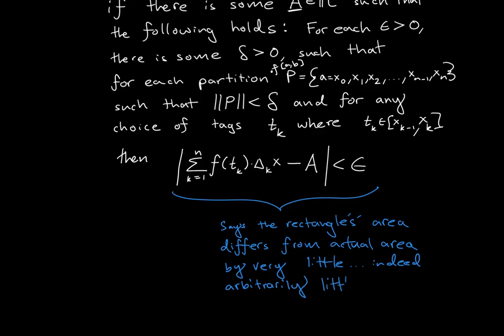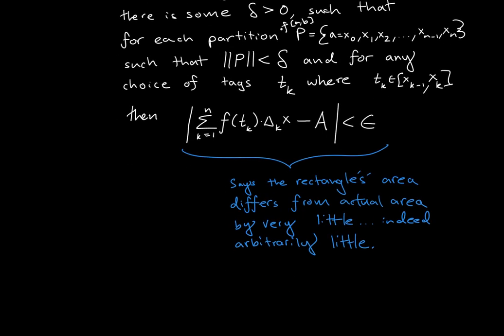Okay, so if we can always find a partition small enough, whose subintervals are small enough so that the sum of the rectangles differs from the actual area by very, very little, then we can say that the function is integrable.